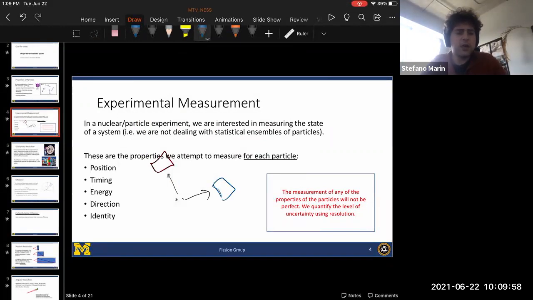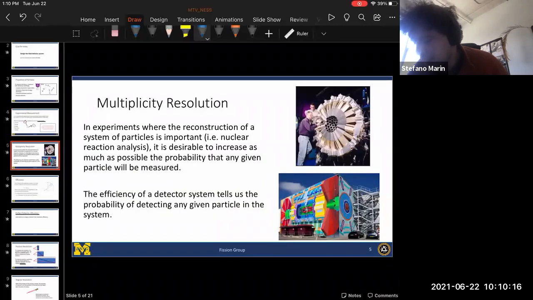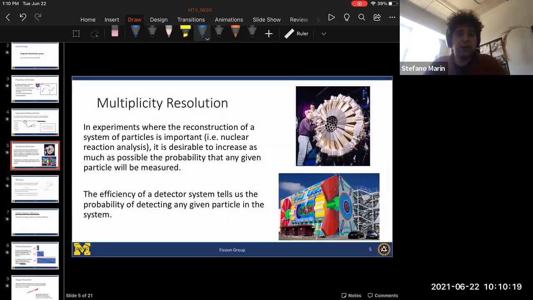So in that case, we are losing a lot of information because we're not detecting every particle. So we can think about the multiplicity, or just the capability of measuring every particle in a certain reaction. And this actually takes us to the next slide, to the first type of characteristic that we can characterize a system by.